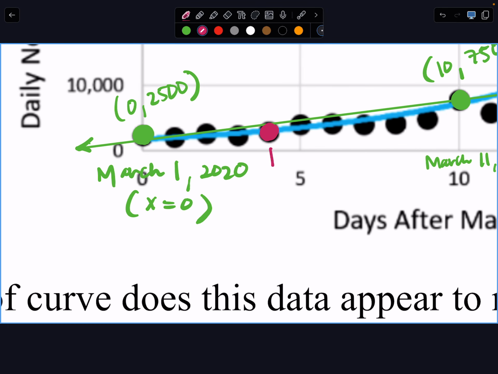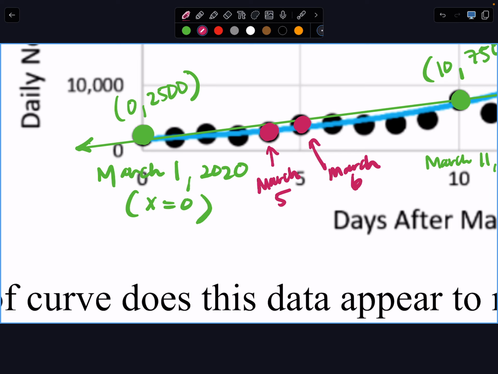Okay? So this would be March 5th. March 6th would be this point right here, 2020 for both of them. Do those points lie above or below the secant line? Below. Yeah, my secant line's kind of funky, but they look like they lie below.